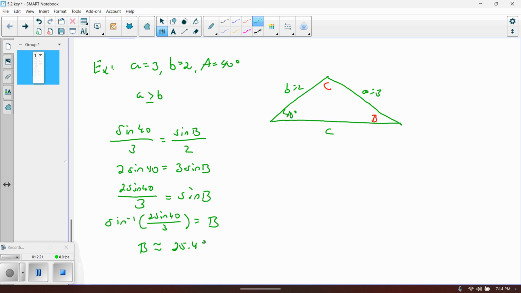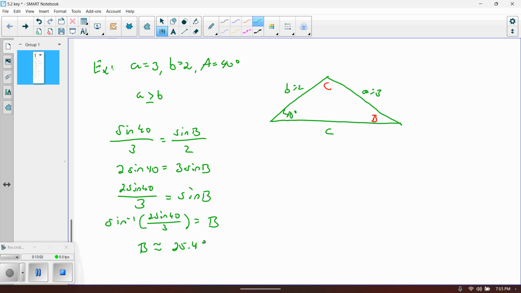And remember that sine, while the inverse sine has restricted itself between the first and second quadrant, could actually still be positive in the second quadrant. So it could result in an obtuse angle. But if you take 180 and subtract 25.4 to see what its obtuse angle would be, it would be like 154.6, I think, something like that. 154.6 plus the angle of 40 that's already there is already over 180 degrees, so it's not even possible to use that, because that wouldn't leave anything for C, you'd have a negative angle for C, which is not possible.